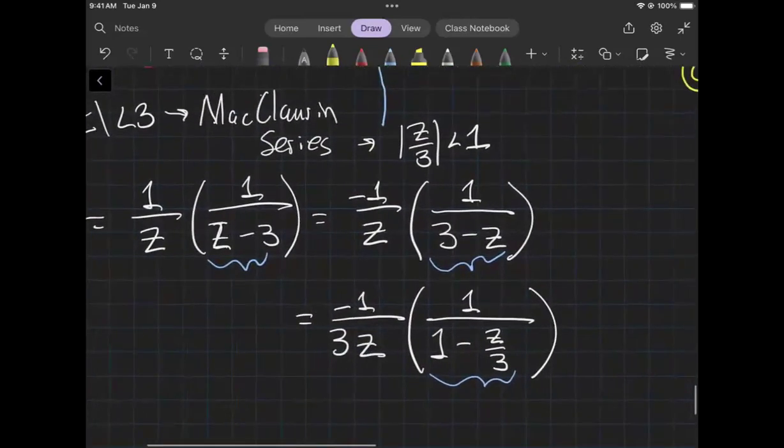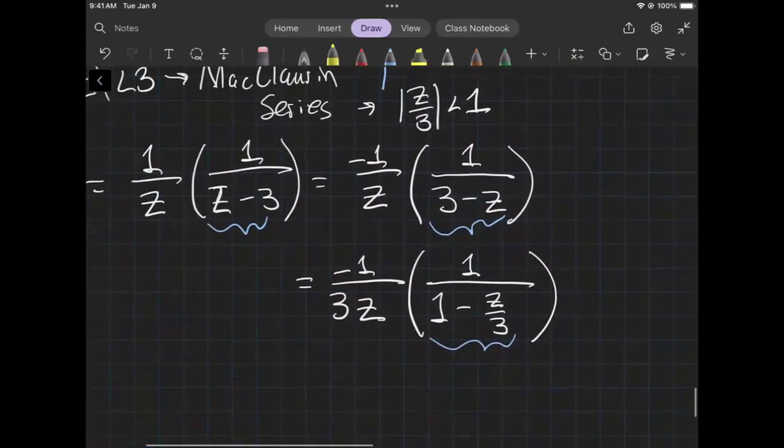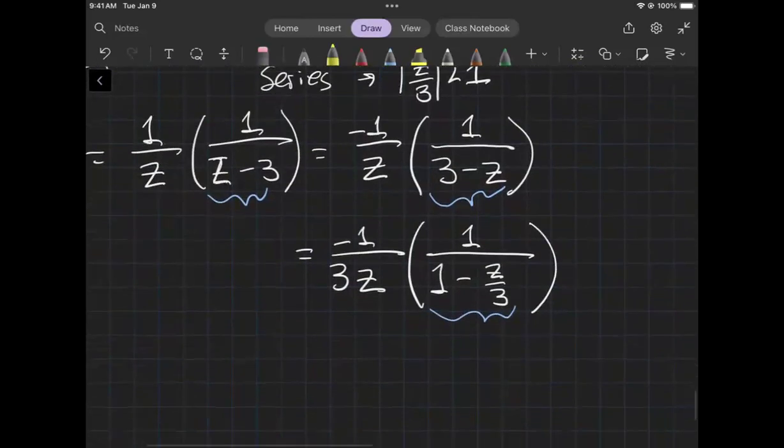So we formulated what f of z could equal, and this we can write as a geometric series.